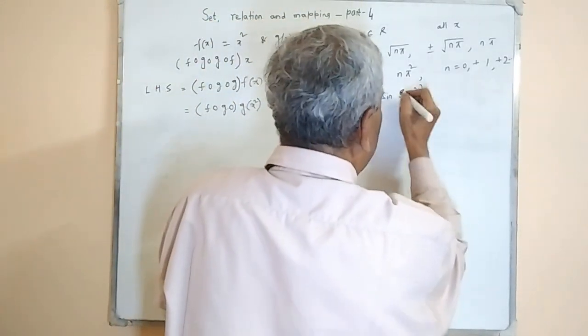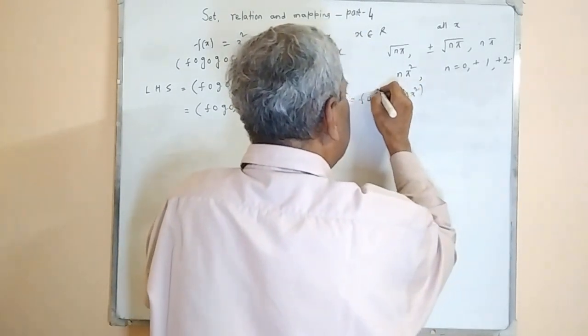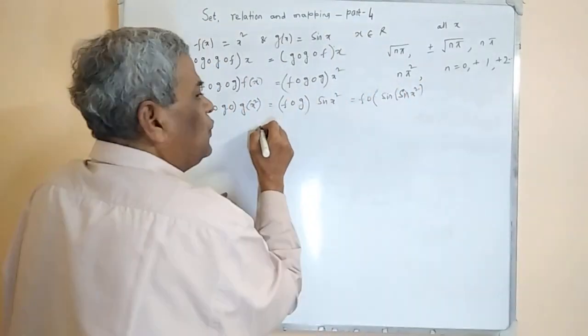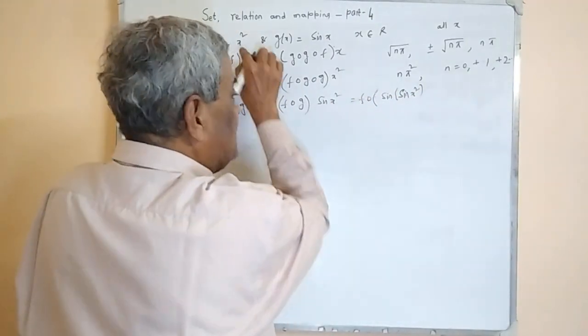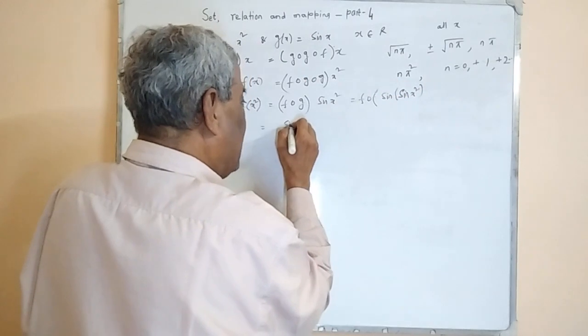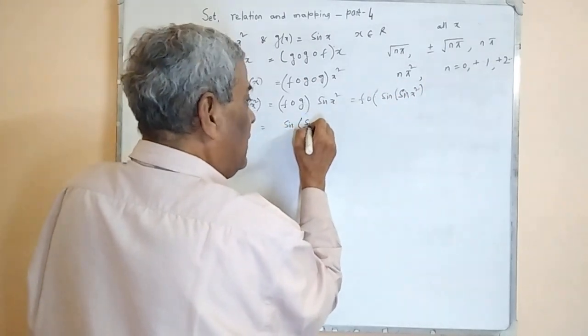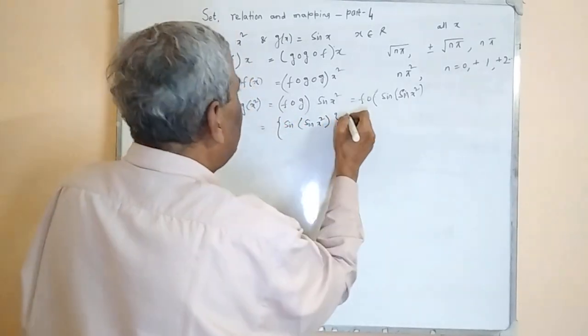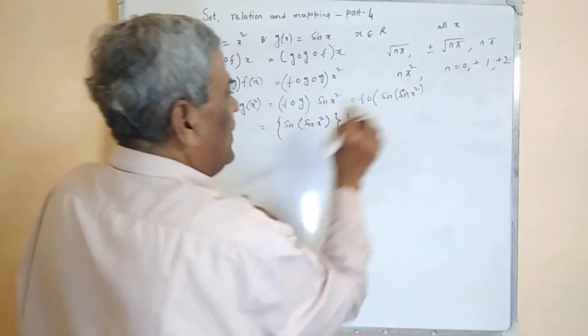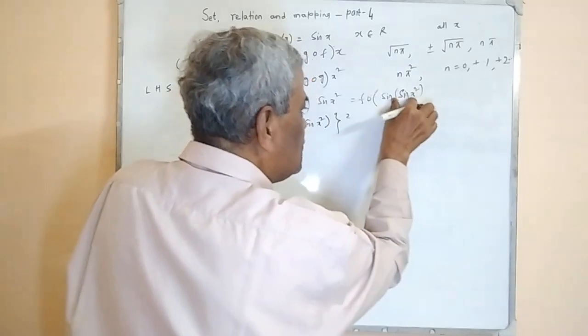So it is equal to sine of that, and f means x square, f(x) means x square. So we get sine of sine x square, its whole square, because f(x) is x square, f of that is this thing whole square.